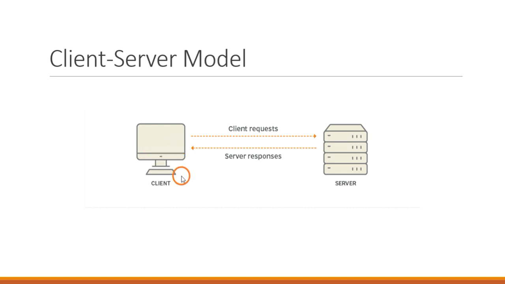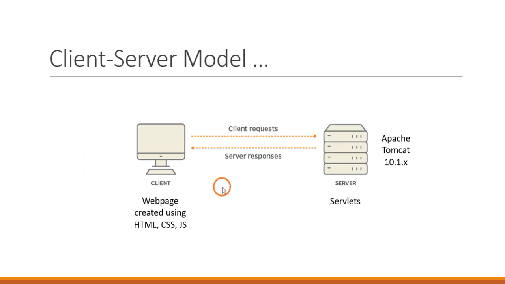Whenever you hit google.com, you will see a web page, the home page of Google. That is a response sent by the server. So this is a simple client-server model. The client will always send a request, and the server takes the request, processes it, and sends back a response to the client.